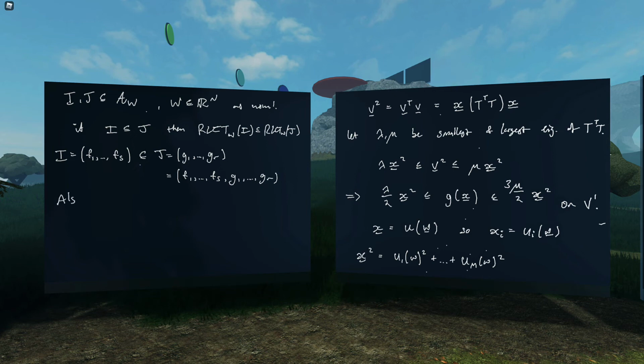Also, if you have a positive integer r, and you know the RLCT lambda of some ideal, then you can compute the RLCT of any power of that ideal. It will just be lambda over r.